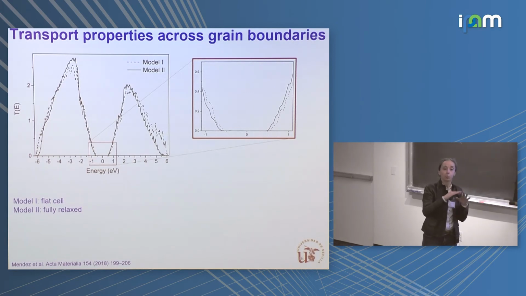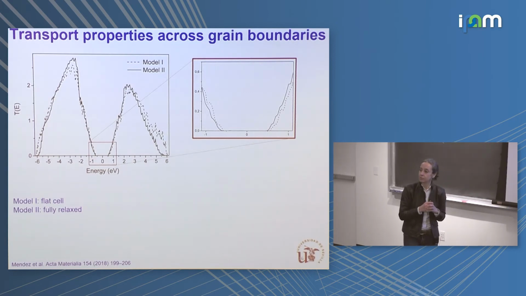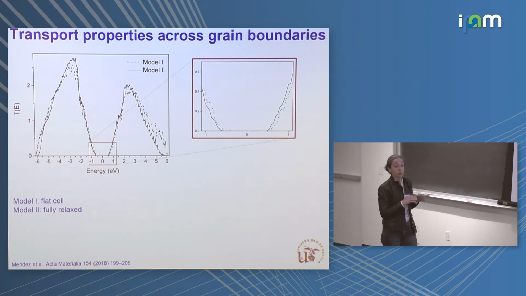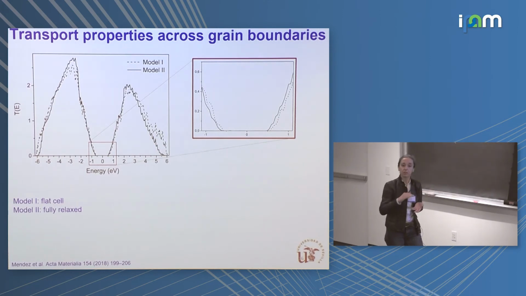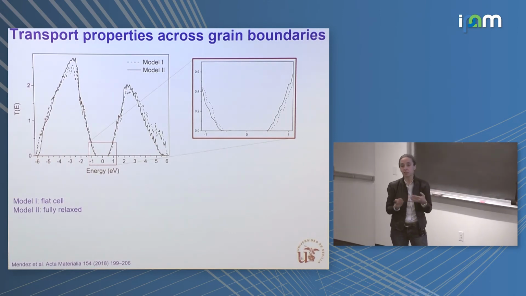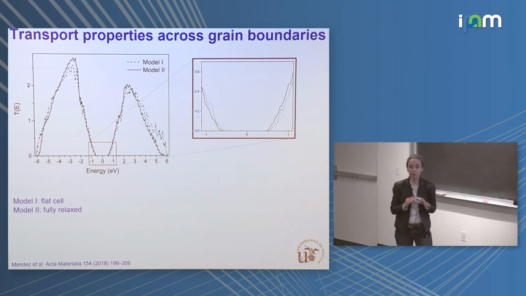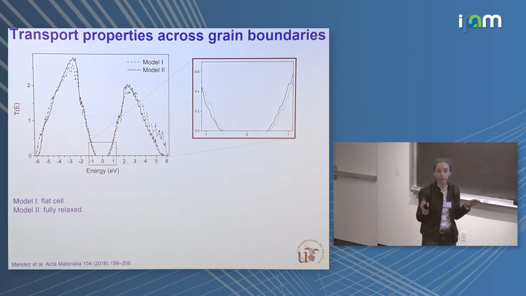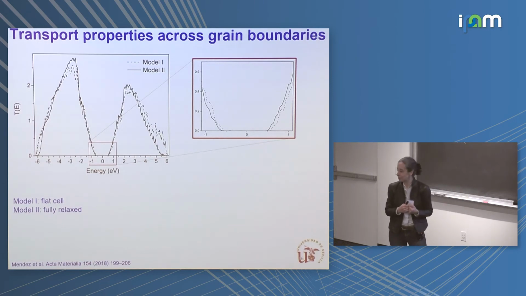Once you compute the right size of the supercell after relaxation, do you have to use the 3D model, or can you just use the 2D model to compute the electronic properties? It's just a question of larger or smaller calculations.